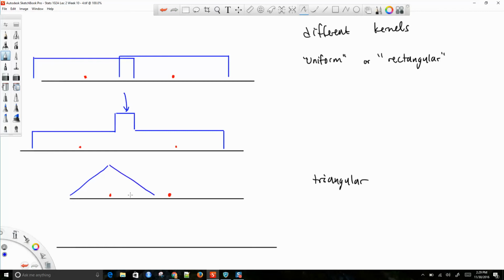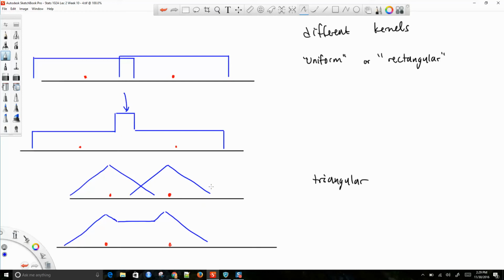So what is this thing going to look like? You end up getting something that goes up and then maybe down a little bit, and where these two things add up together, they form this flat thing, and then you add up and you get something that looks like that.